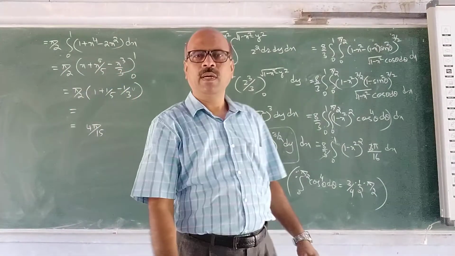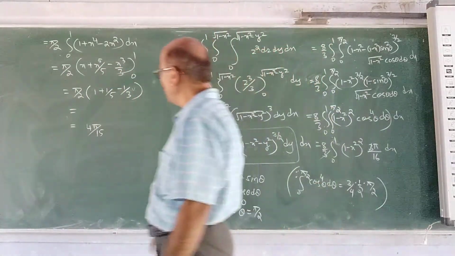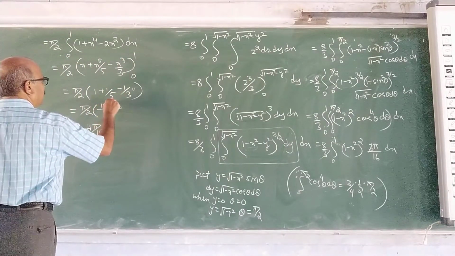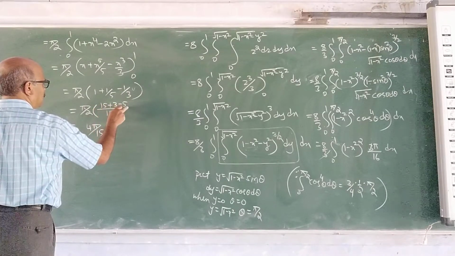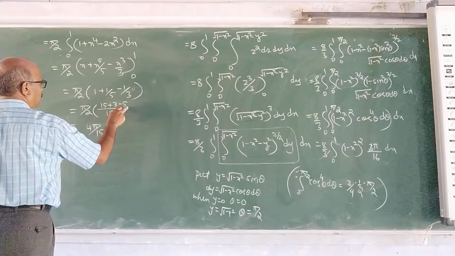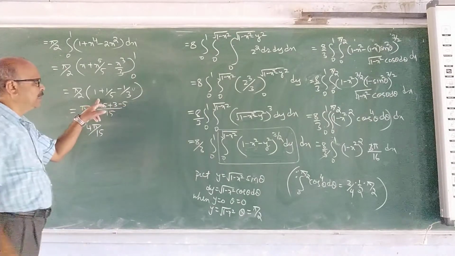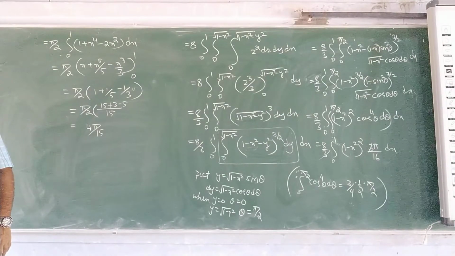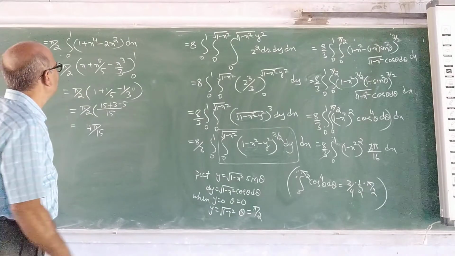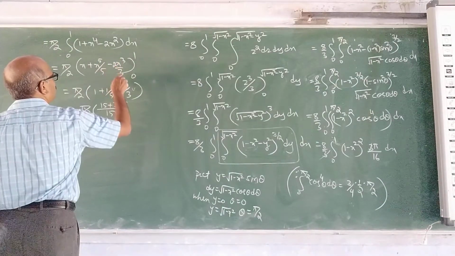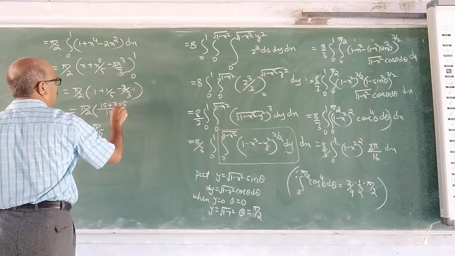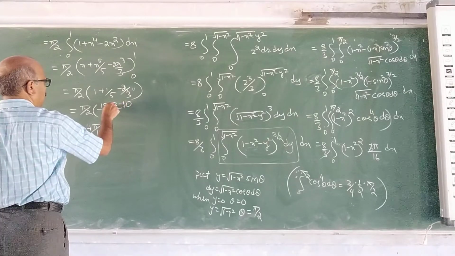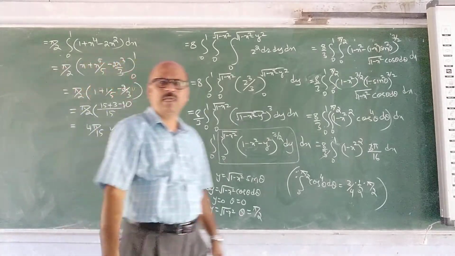Am I correct here? 15 LCM: 15 plus 3 minus 10. Yes, it is 4 pi by 15.